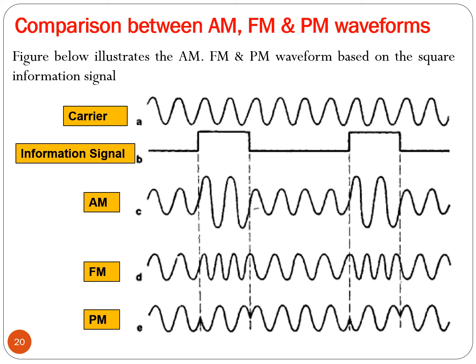In contrast, if you use the FM technique, the frequency of the carrier signal is changed at a rate equal to the amplitude of the information signal, but its amplitude remains constant. In the PM technique, the phase of the carrier signal is changed based on the phase of the information signal.